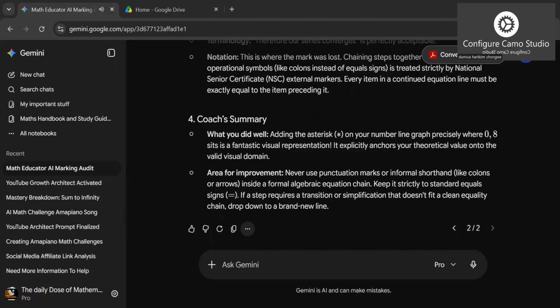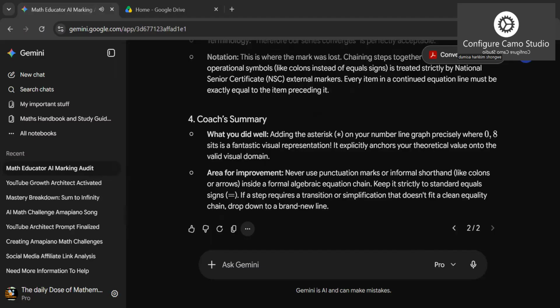CAPS and formal notation compliance. Terminology: 'Therefore our series converges' is perfectly acceptable. Notation: this is where the mark was lost. Chaining steps together using incorrect operational symbols, like colons instead of equals signs, is treated strictly by National Senior Certificate, NSC, external markers. Every item in a continued equation line must be exactly equal to the item preceding it. Coach's summary.